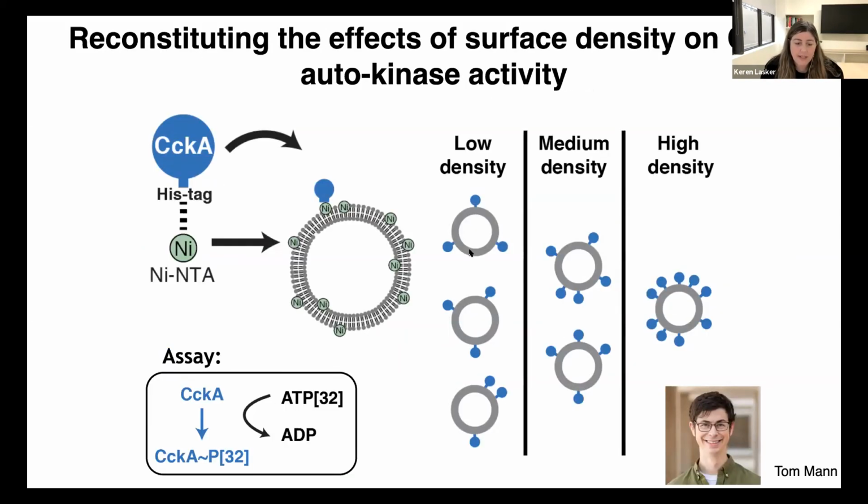So I'm going to show you first why concentrating CckA inside PopZ is important for its autokinase activity. Tom Mann, who was at the time a PhD student in Lucy Shapiro's lab, created a synthetic liposome in vitro to test the effect of surface density on CckA, a membrane-bound autokinase.